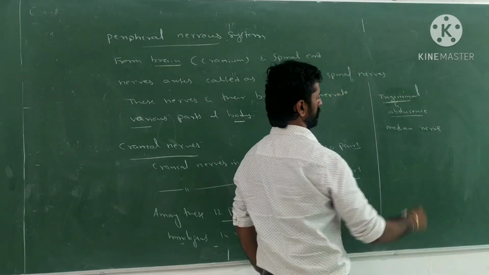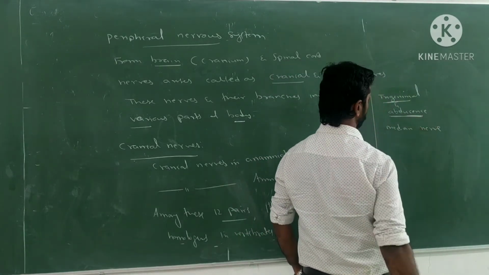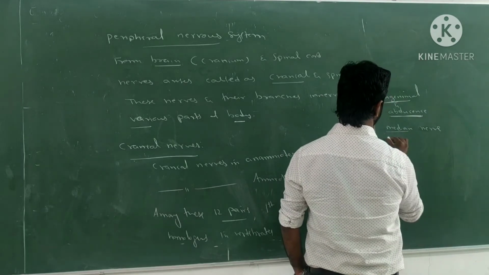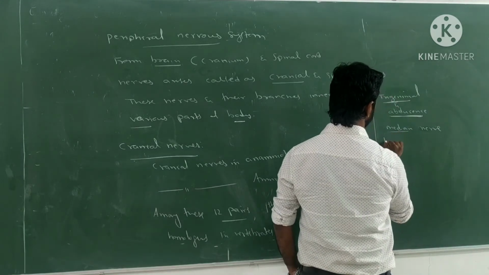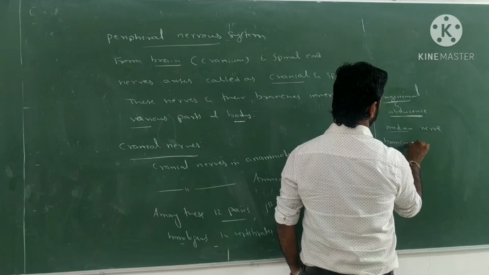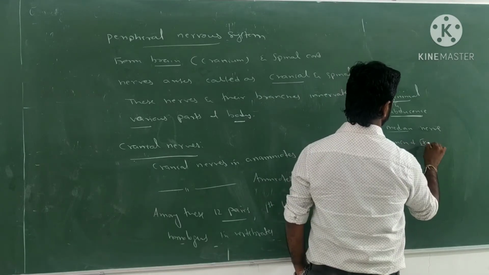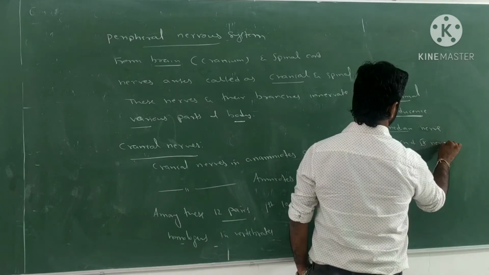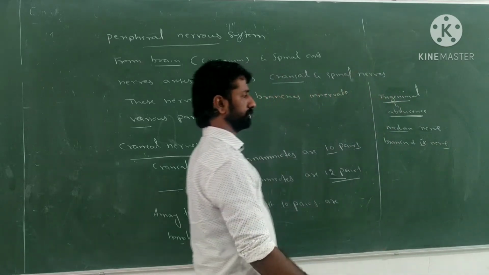The trigeminal nerve is one, the abducens is another, then the median nerve, and one more, which is the branch of the ninth cranial nerve.